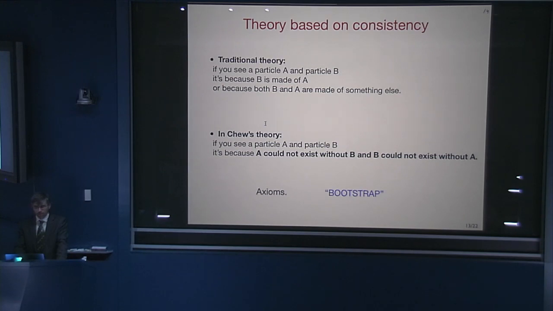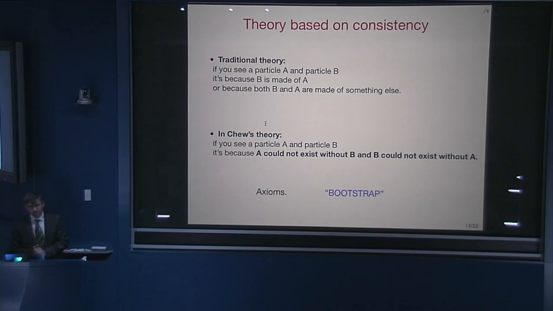In traditional theory, if we see two particles, particle A and particle B, we say that B is probably made out of A, or maybe both B and A are made of some other particles that we haven't yet discovered. But in Chew's theory, if you see particle A and particle B, it's because A couldn't exist without B, and B couldn't exist without A. That's the way it is.